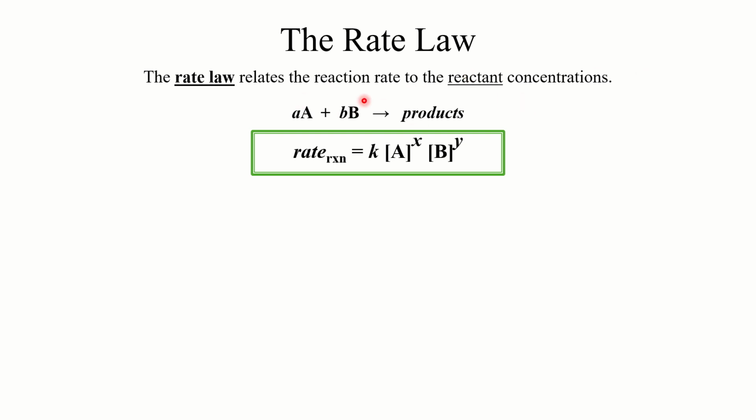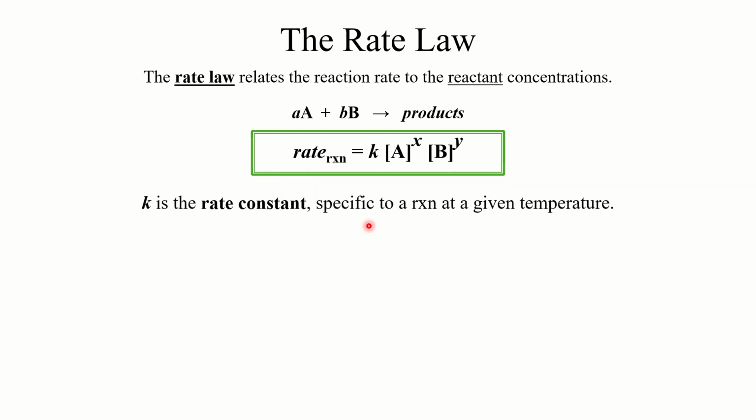So suppose we have a general reaction. A plus B forms products where the little a and the little b represent the coefficients. Our generic rate law is given here, where we can say that the rate of the reaction equals K times the concentration of A to the X power times the concentration of B to the Y power. What are these variables? Well, again, this is the rate of the reaction.